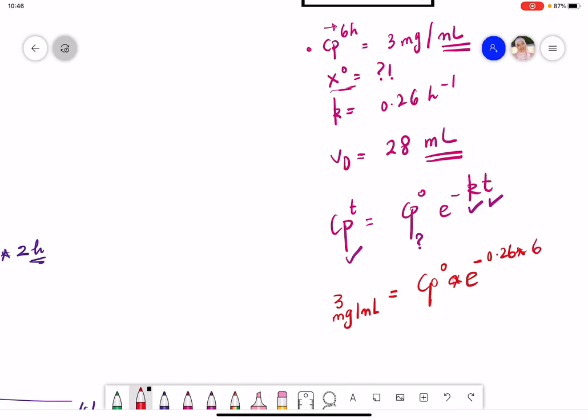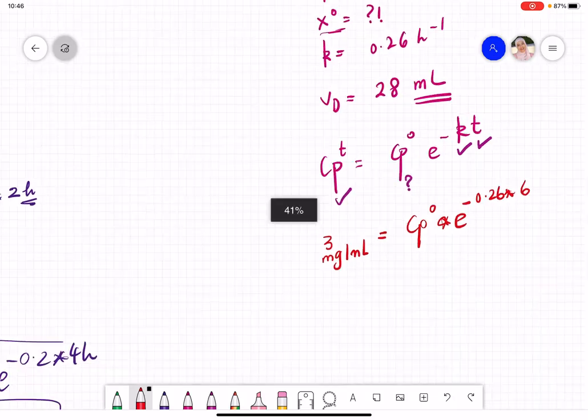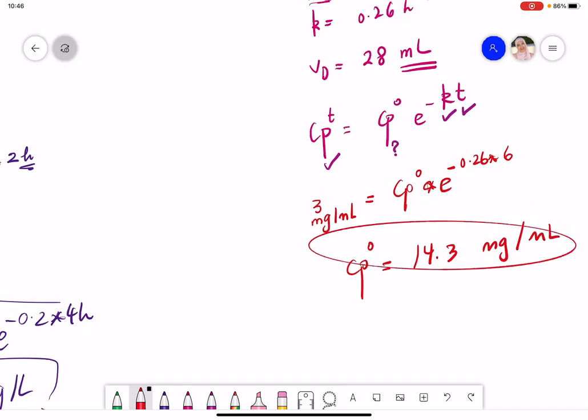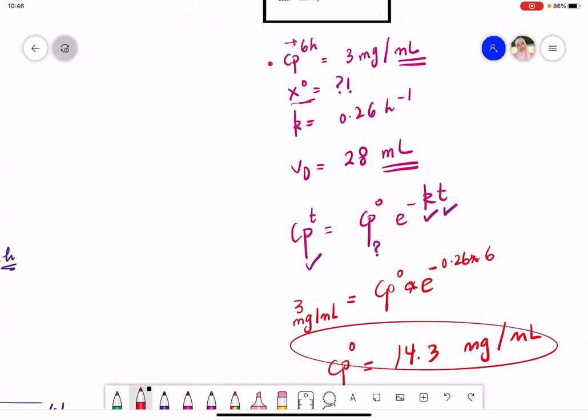Six hours. Okay, CB naught would be equal here. Do the arrangement to calculate it, and then you'll have this as your CB naught. Am I finished? No, because it's asking about X naught.